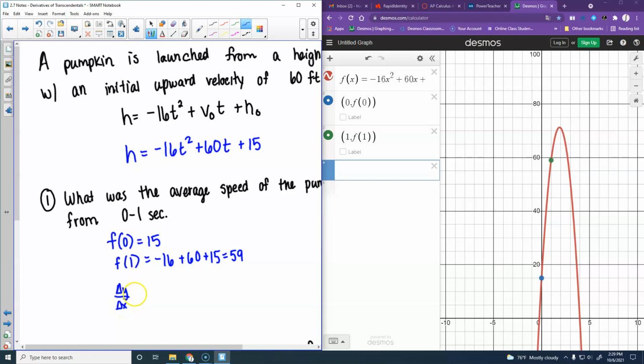Average speed. So with the slope formula, you got 0, 15, and 1, 59. So you'd have 59 minus 15 over 1 minus 0. So we're going to get 44 over 1. So 44 feet per second.